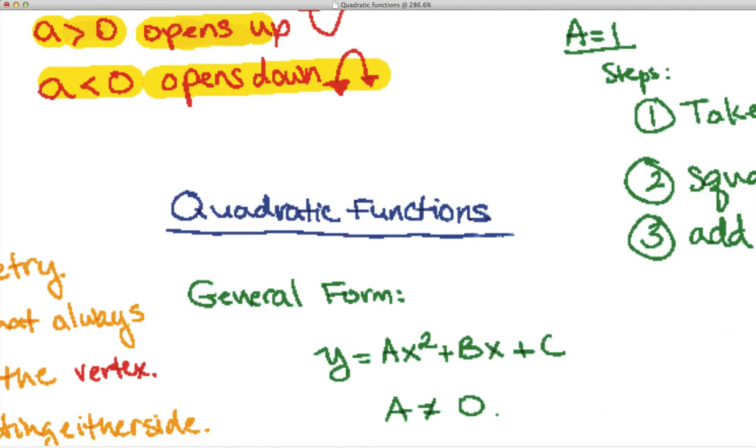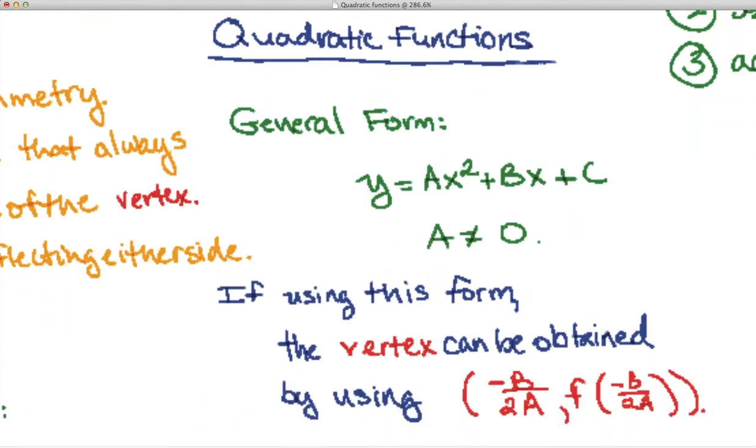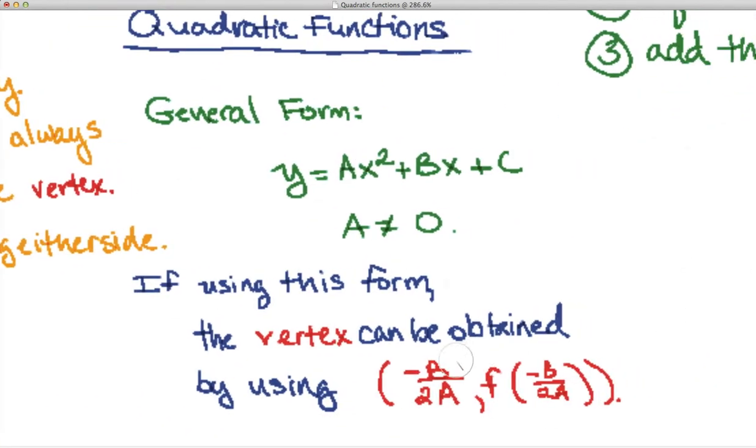And if you're asked to find the vertex in that manner, you have to use this formula, in which the x value will be minus b over 2a, and f of minus b over 2a. Okay?